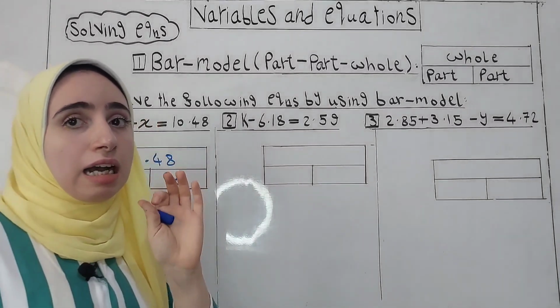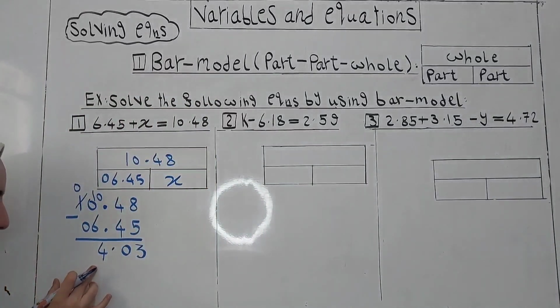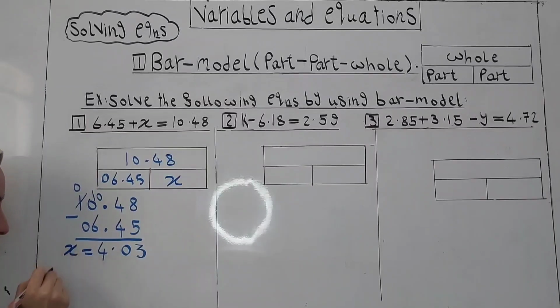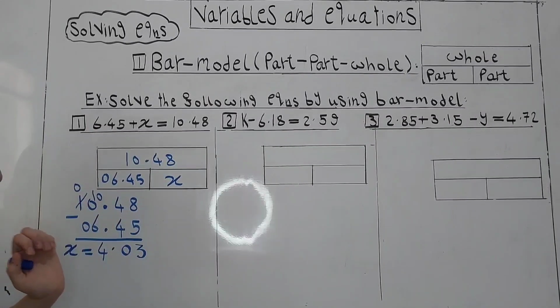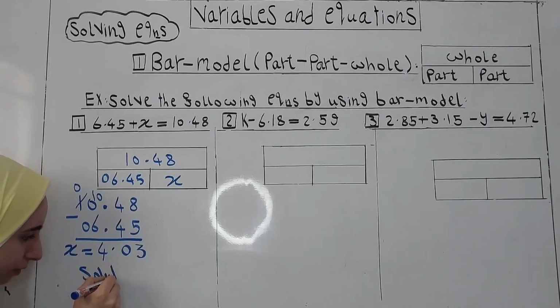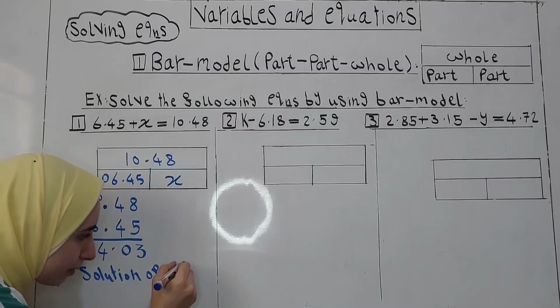Can we write 0 at the left for the integral part? No. So 4.03 is the value for the variable x. So x equals 4.03 is the solution of the equation.